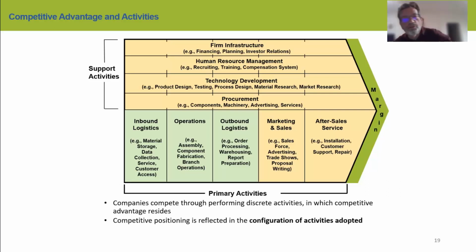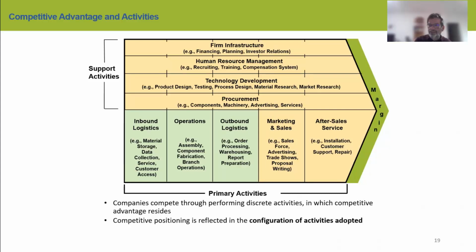The inbound logistics: we have to see the material storage, the data collection, the service customer access. In the operations, we have to see the assembly, the component fabrication, the branch operations. Outbound logistics: what is the order processing, warehousing, report and preparation.